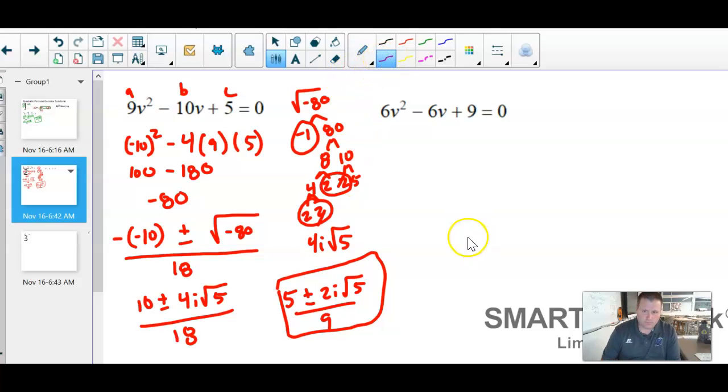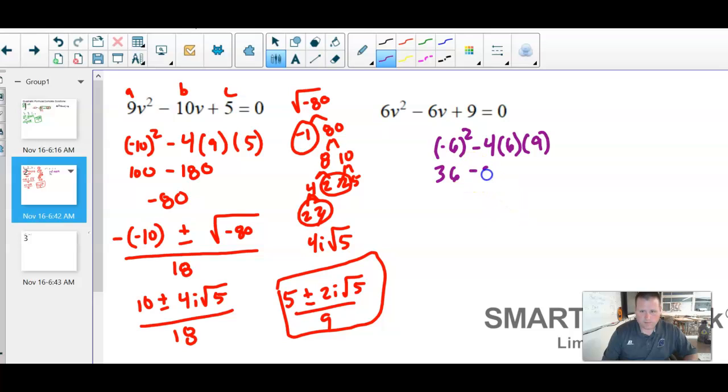Okay, this next one on the left, again, I've got to find my discriminant. So B is -6, A is 6, and C is 9. So I get 36 here.